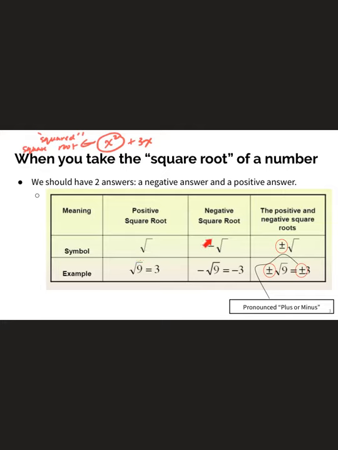If we have a negative square root, we have a negative sign in front of it, so whatever our square root value is, we're just going to put a negative sign in front of it. And then we can also have 2 values, and this is where that plus or minus comes in. So typically whenever you give the solution to a quadratic equation, you would say that this is plus or minus square root of 9 or plus or minus 3 to account for those 2 possible solutions. And so we read the symbol as plus or minus.